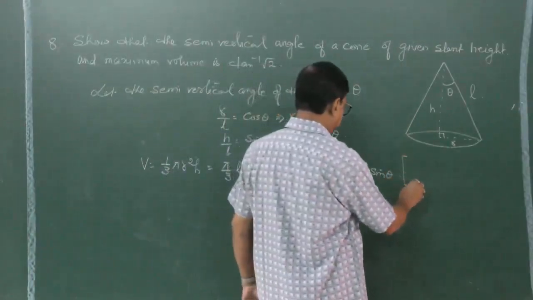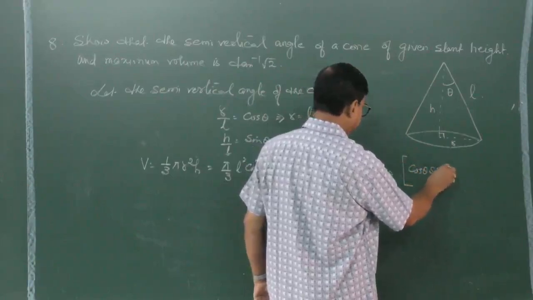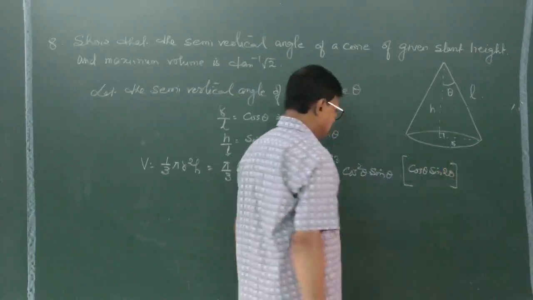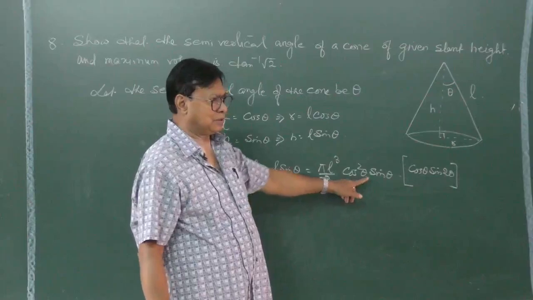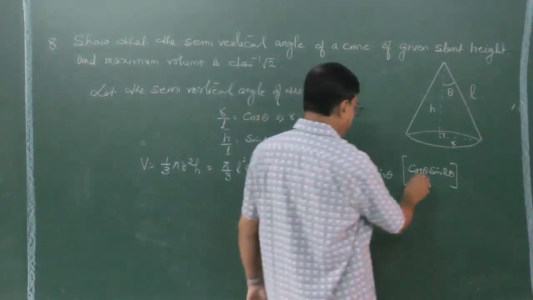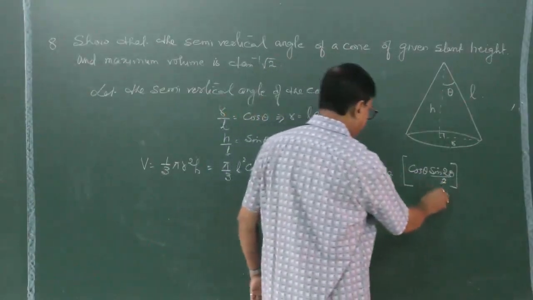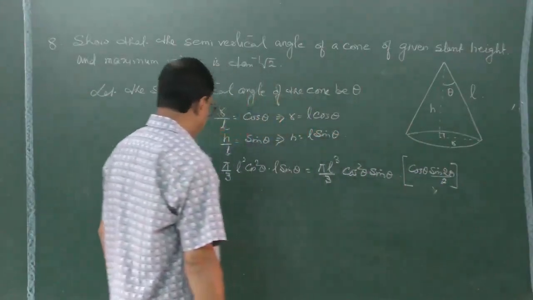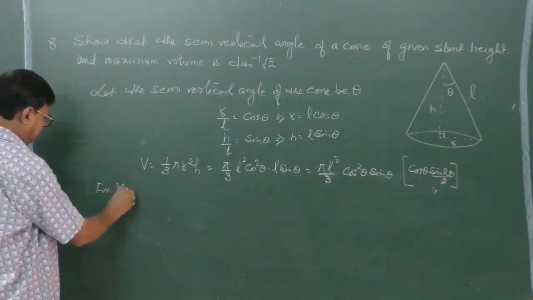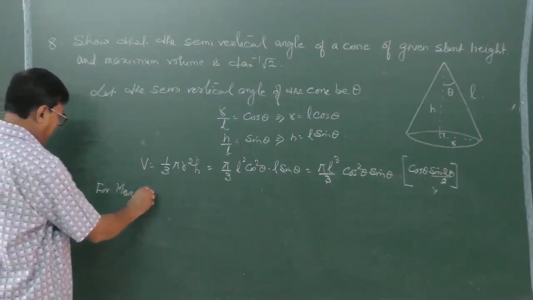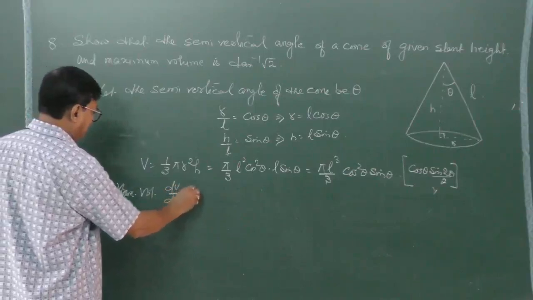We may write it as cos theta into sin 2 theta by 2, but I am not doing that. So for maximum volume, dV by d theta is equal to 0.